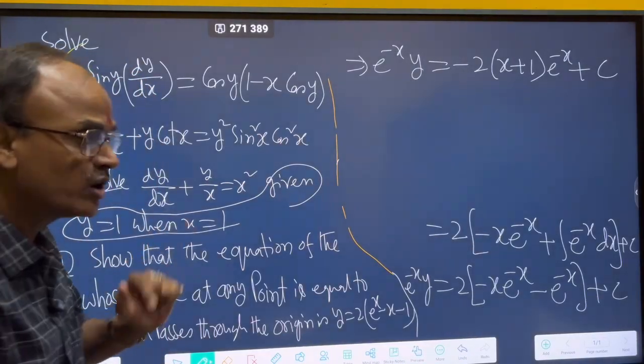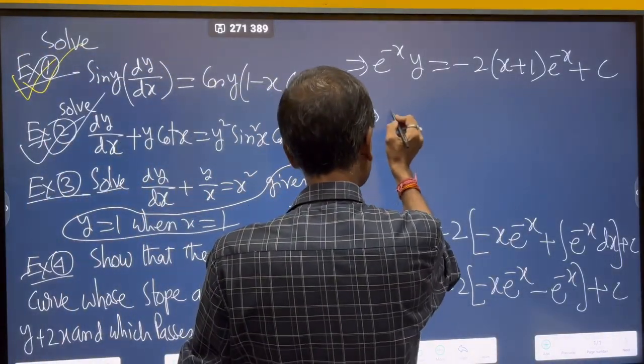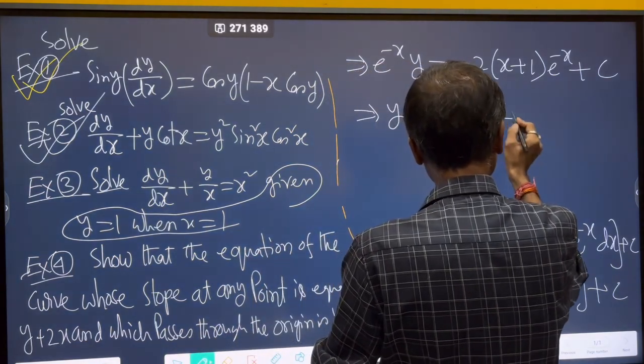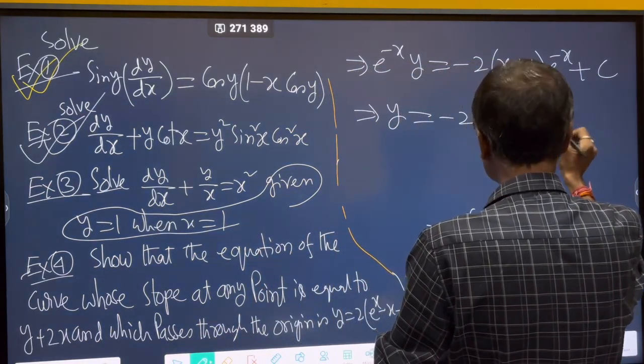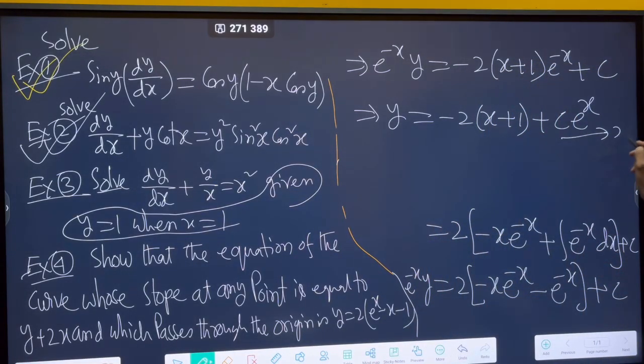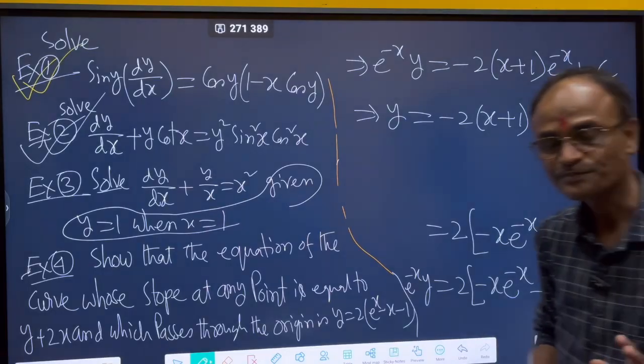Or you may write y equal to minus 2 times x plus 1, plus c e to the power x. Suppose this is number 2.